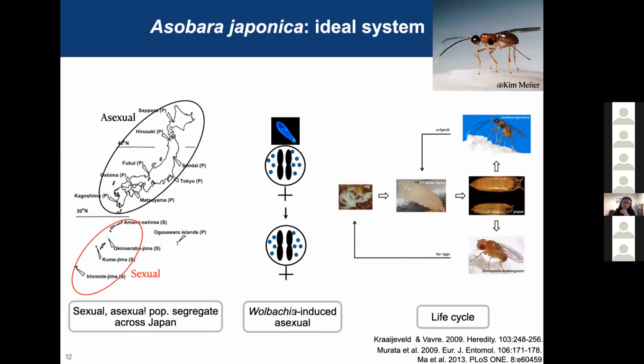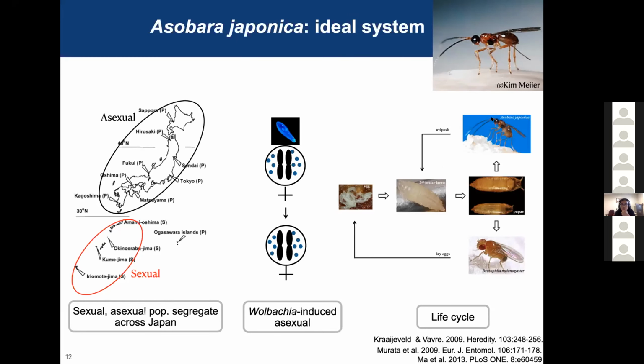Here I work on a system that is quite ideal to address this question, Asobara japonica. This is a parasitoid wasp which parasitizes Drosophila melanogaster in the second instar larvae, and then develops inside. If successful, a wasp will develop.